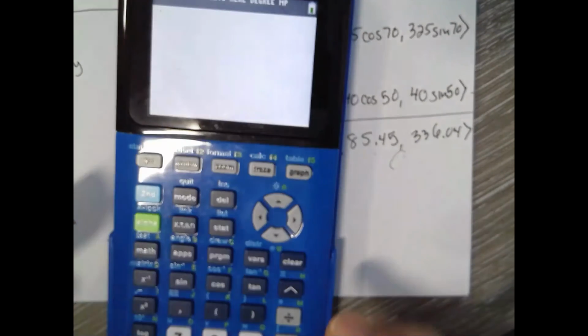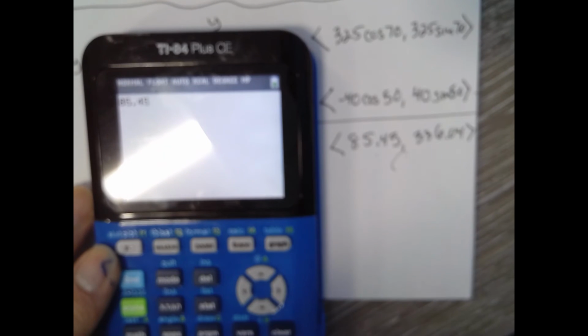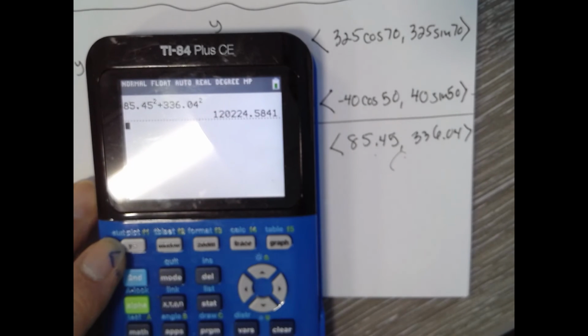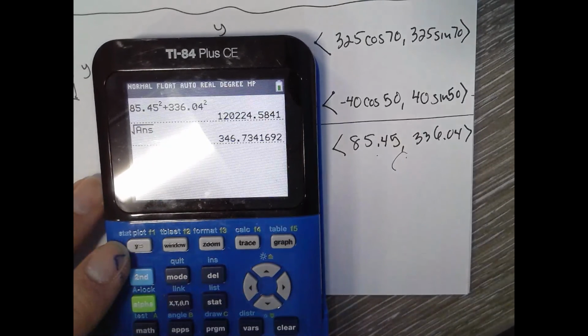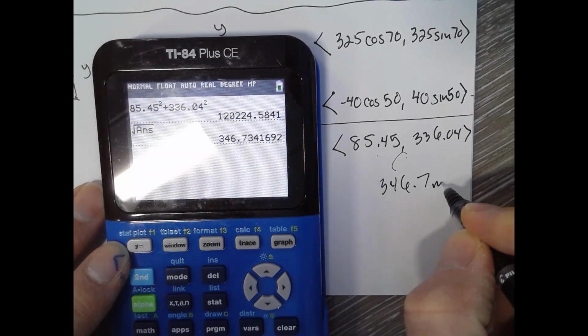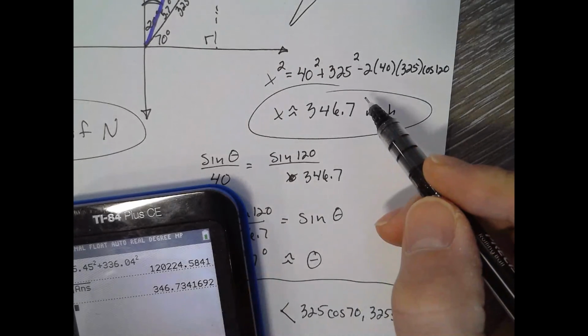Try that again. 85.45 squared plus 336.04 squared equals, and square root, the answer is 346.7 miles per hour, and we got the same answer as what we had up there.